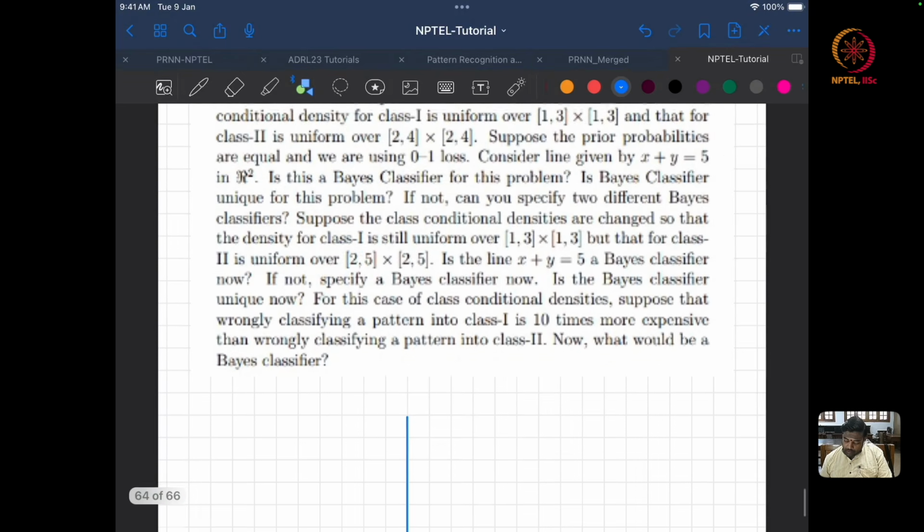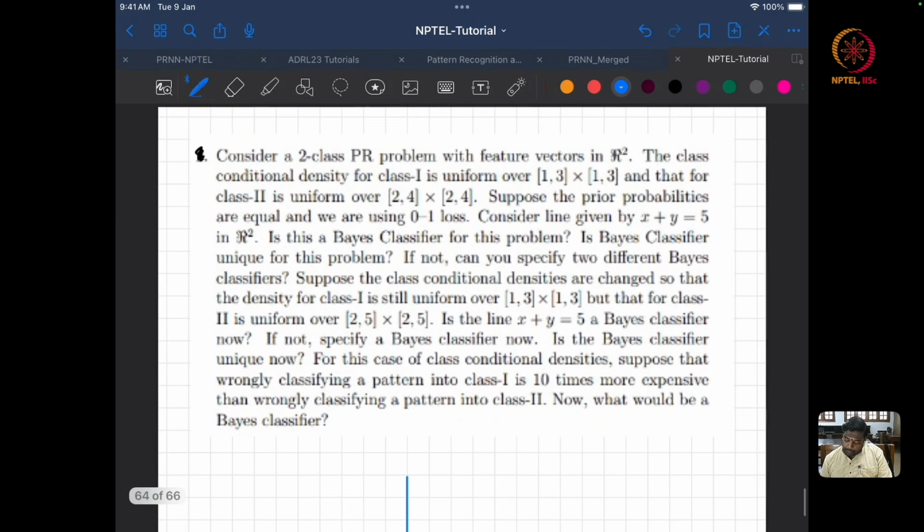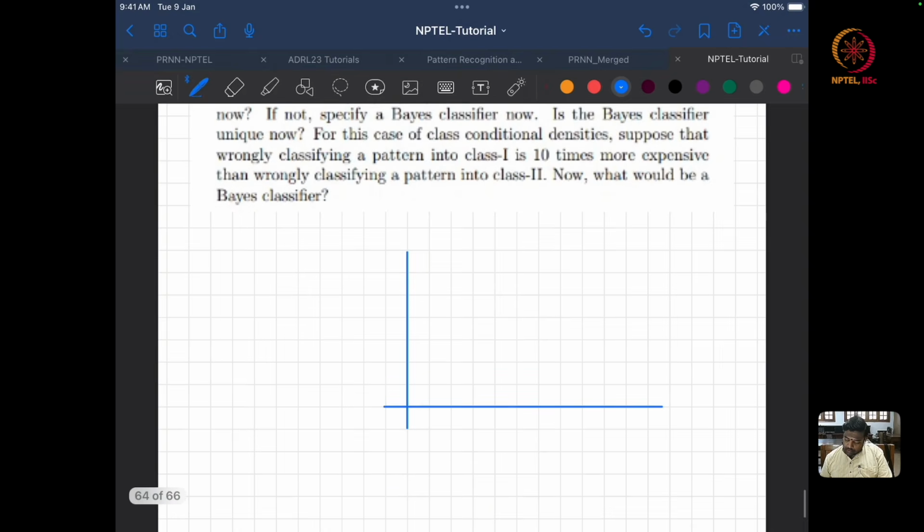Okay, the question then says that the class conditional density of class 1 is uniform over [1,3] x [1,3]. This is x1, this is x2. Let's plot them.